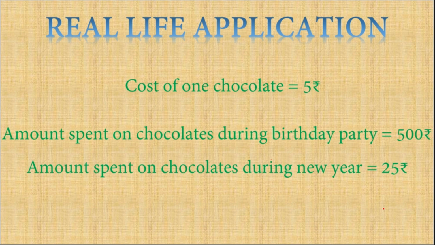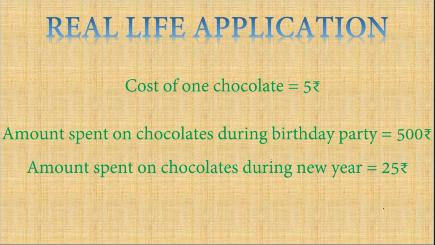Say 10 rows and each row can accommodate some 8 children. So 10 into 8 is 80. These values may vary depending upon the area of the playground. So in general, we make it the number of rows into the number of children in each row. That gives the number of children to be picked to perform in the presence of a guest. In this way, to make different decisions, we need to apply algebraic concepts. They help us to solve different puzzles and also to arrive at a conclusion in different situations.